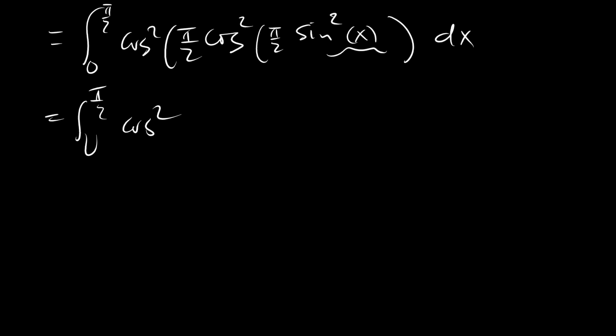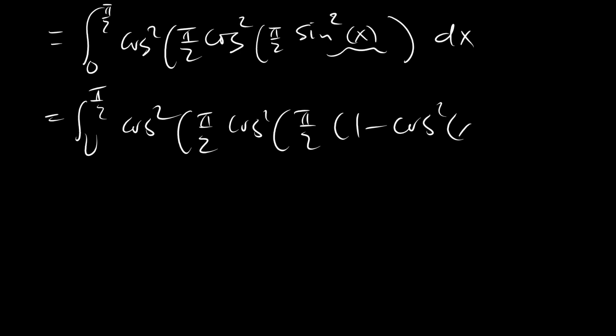We can express this as 1 minus cosine squared of x. So we have pi over 2, 1 minus cosine squared x.